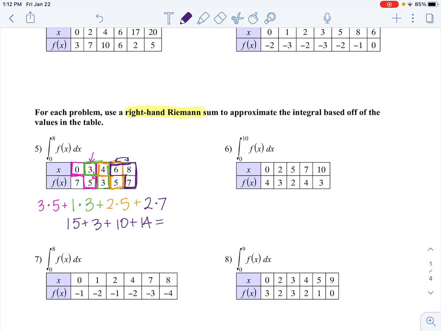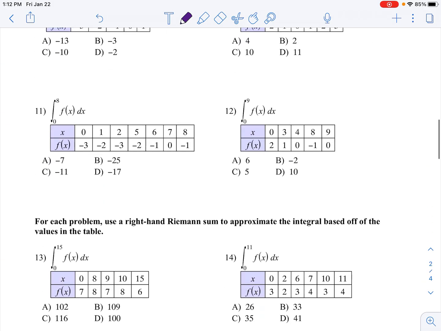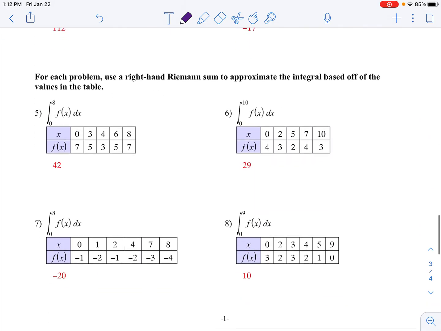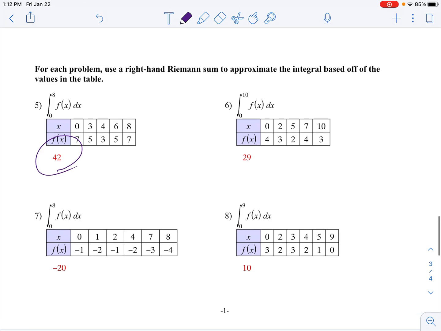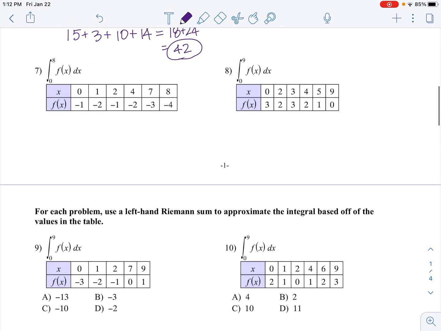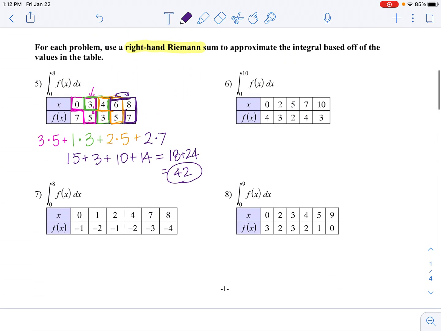Okay, 18 plus 24. Come on, brain, 42. Right, scroll down, check it out. 42. Life is good. All right, so let's do another one, same idea.